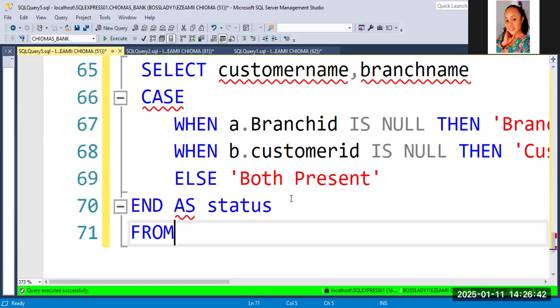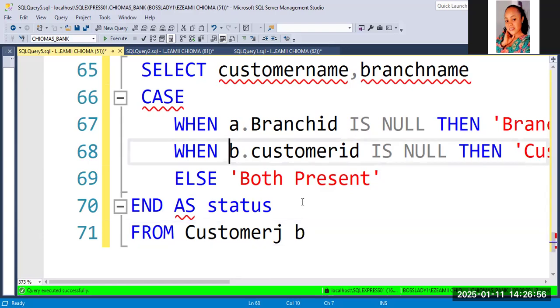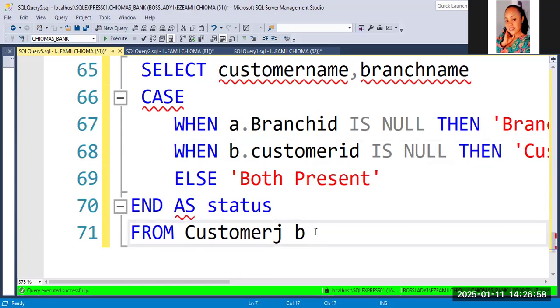We want it from our customer table, customer B, that's our B table. Because I already gave it B here, let's just continue with B, all right?